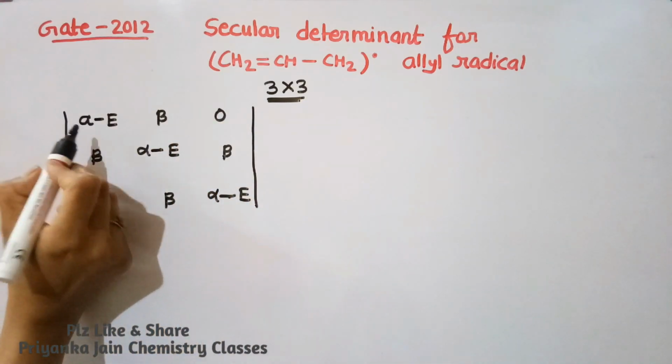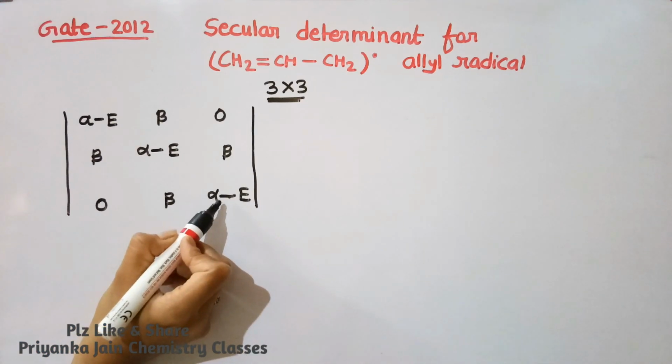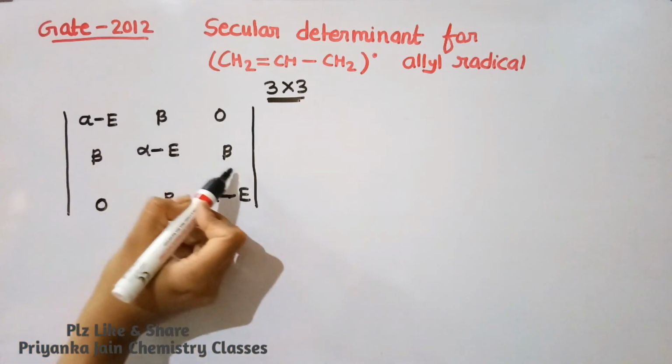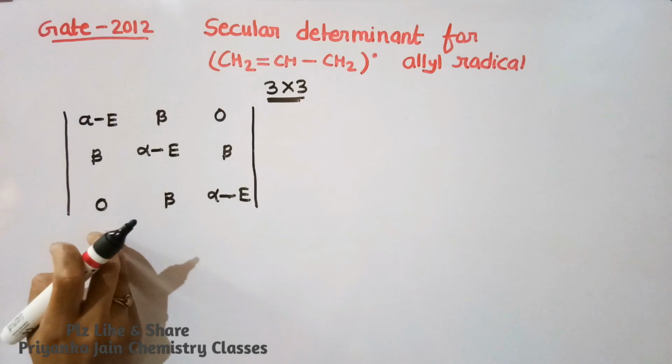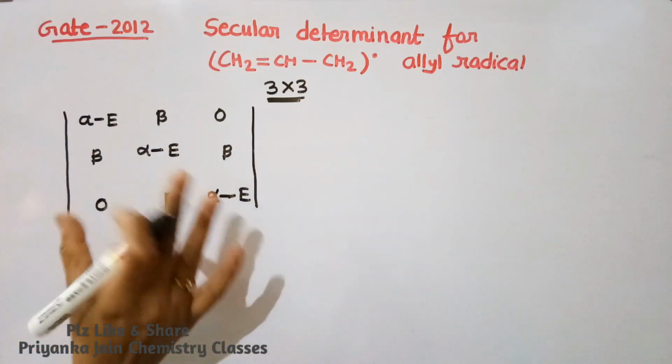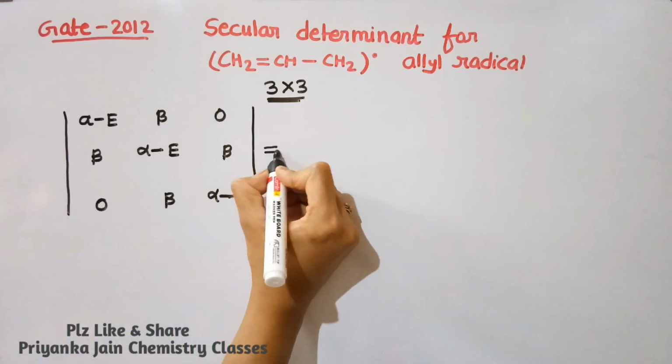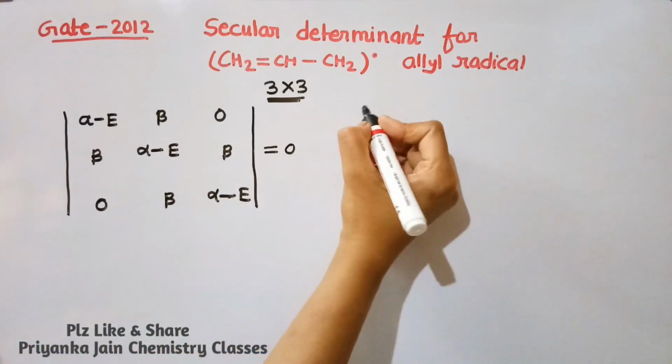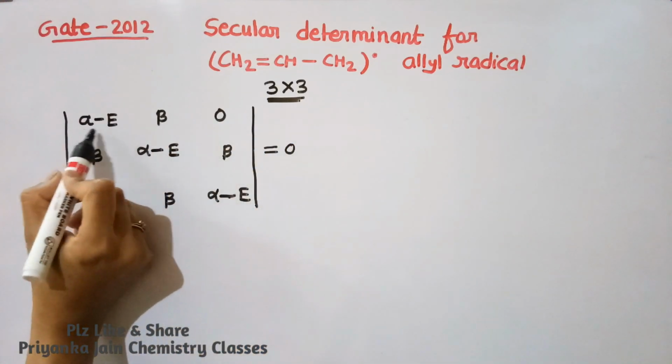Only the diagonals will be alpha minus E, then at the sides this will be beta, and then the rest of the terms will be equal to 0. So in this way you have to write down the secular determinant. And if it is given in terms of x, then just divide it by beta.